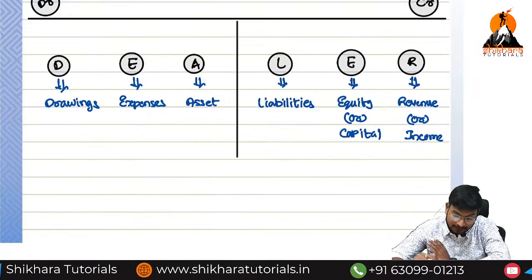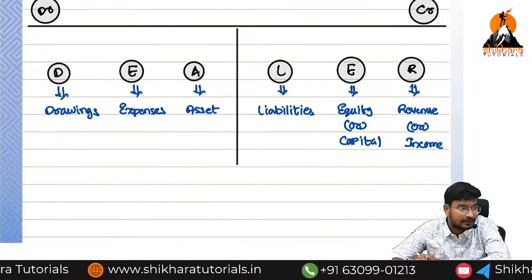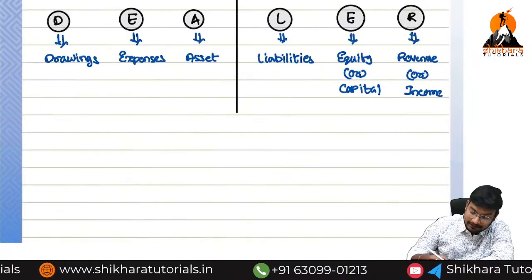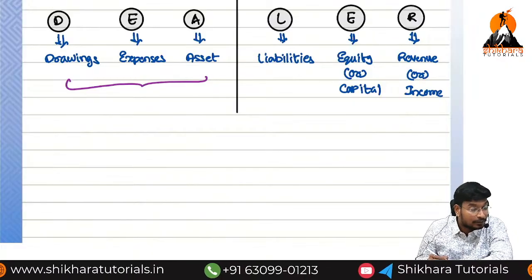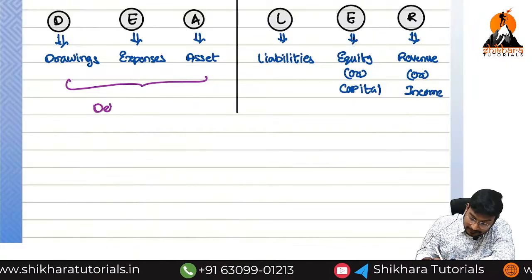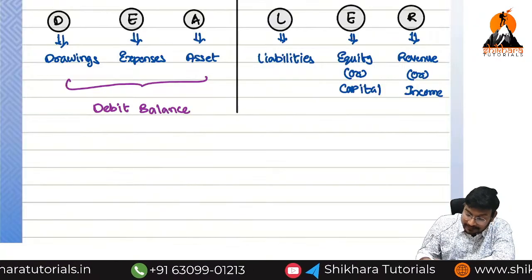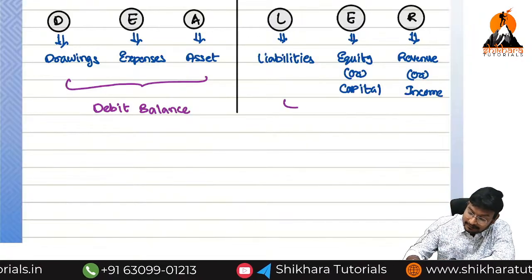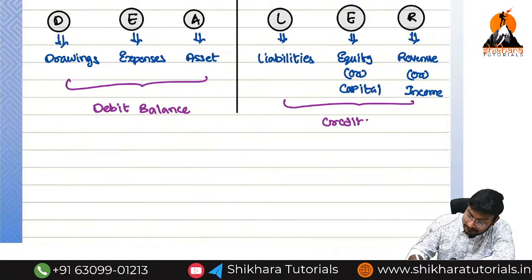So this DEA is presented on which side? Debit side. So these three are going to have the debit balance. These three things are going to have which balance? Credit balance.